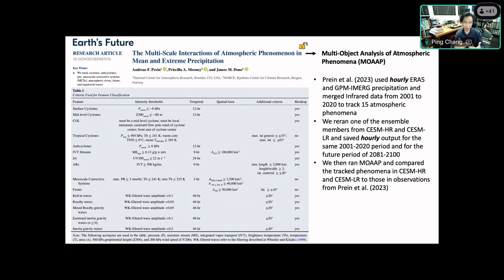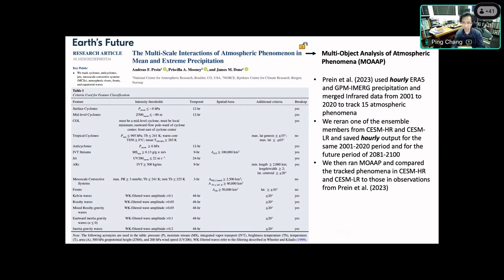So we decided to do the same analysis using our model runs. The only problem is that in order to run this package, we have to have hourly output data, and we didn't save the hourly output. Initially, for most of the runs, we only saved 6-hourly output.